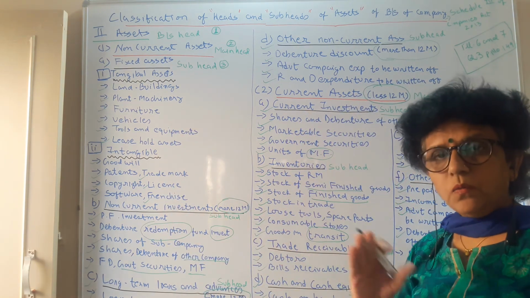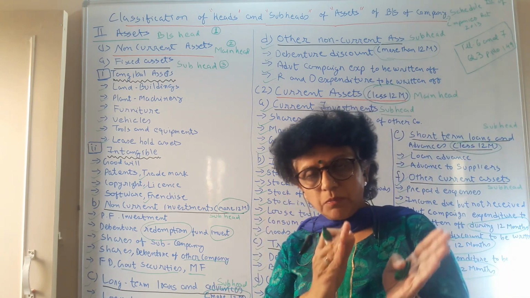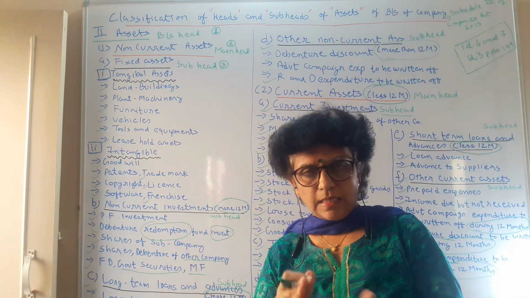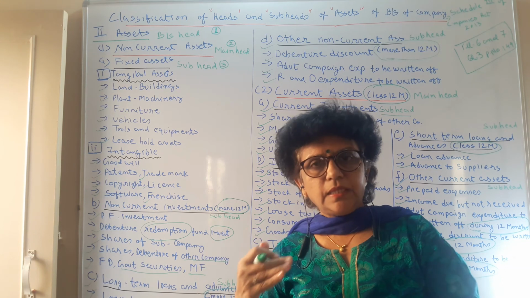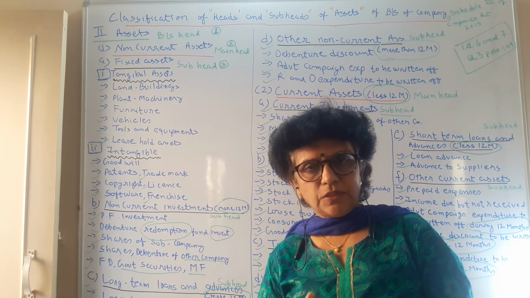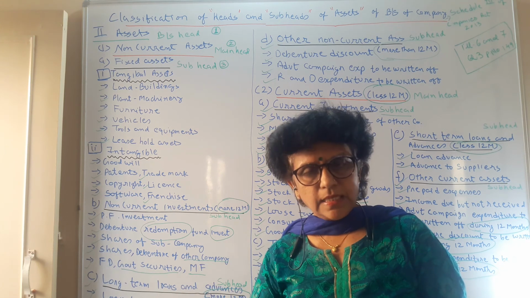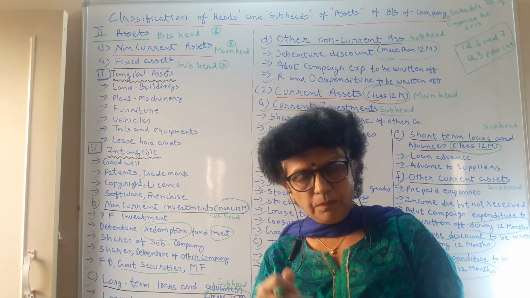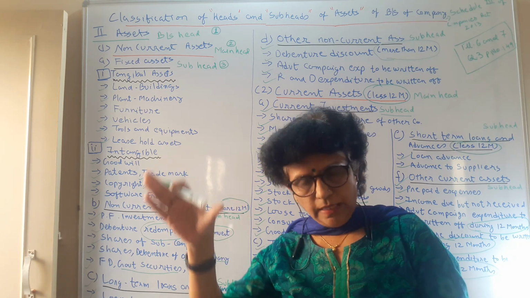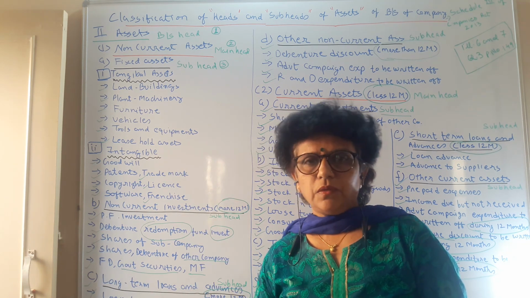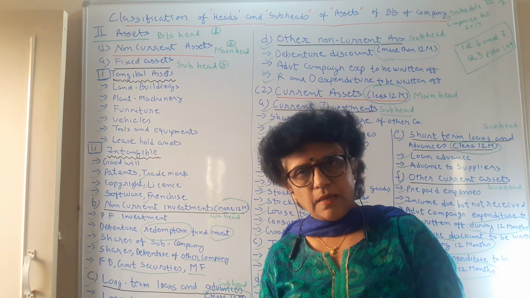So this is how we have finished with the small questions asked on the classification of the various heads into the balance sheet of any company. Next class onwards we will learn first the profit and loss account format, then we continue with the example. Thank you.